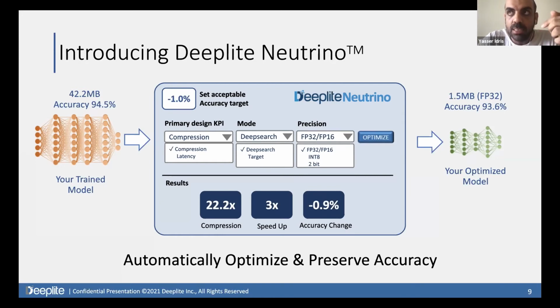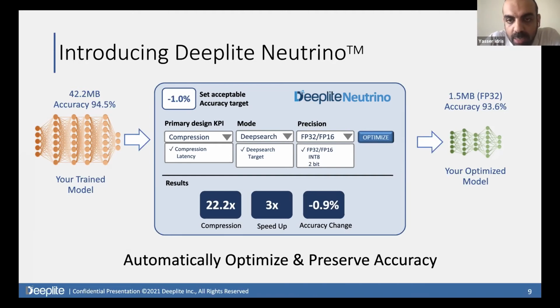And the target mode means as soon as we have a smaller or a faster model within the delta range, we just stop. Obviously, the deep search takes a bit longer time to execute, to train, I mean.